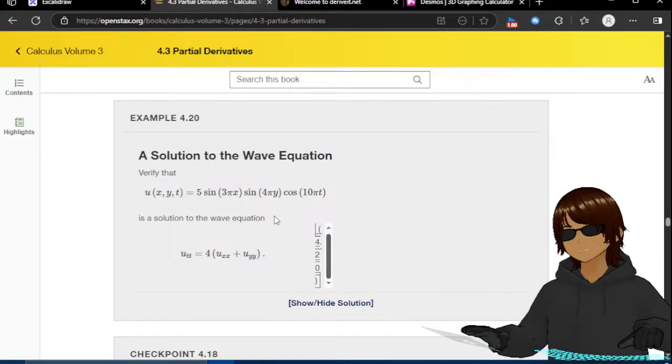Why does it look like this? Verify that this is the solution to the wave equation.